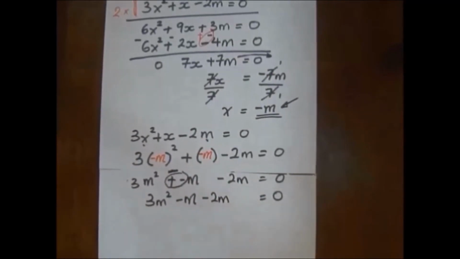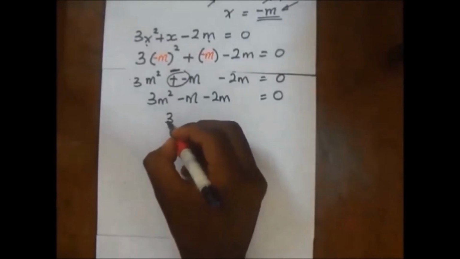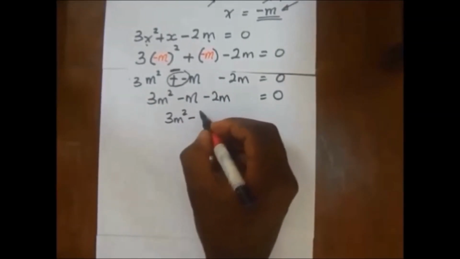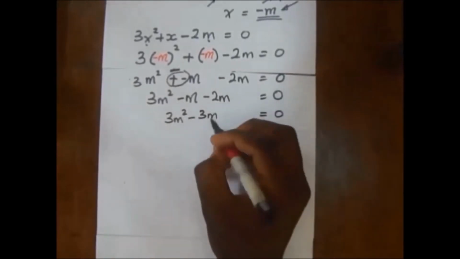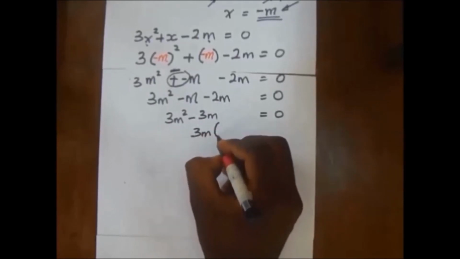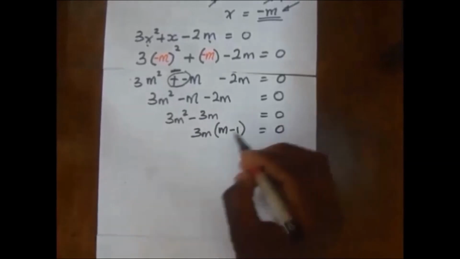And from there we shall end up with 3m squared, negative m minus 2m is going to be negative 3m, is equal to 0. So when we pull out the common factor here, it is 3m into m minus 1 is equal to 0.